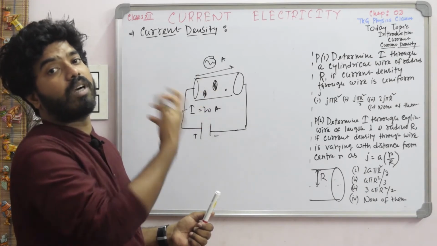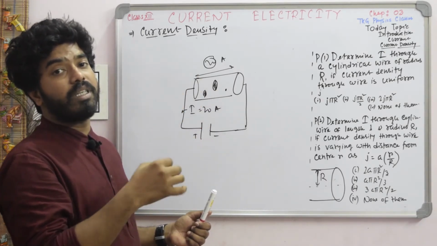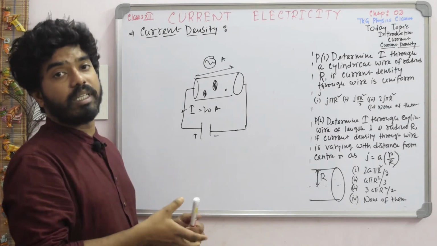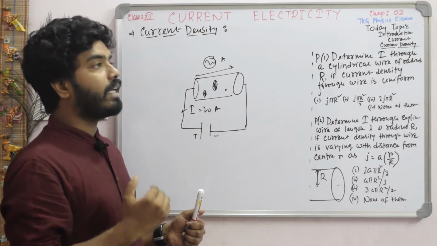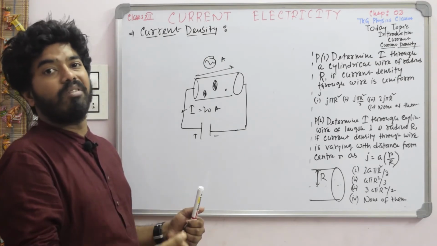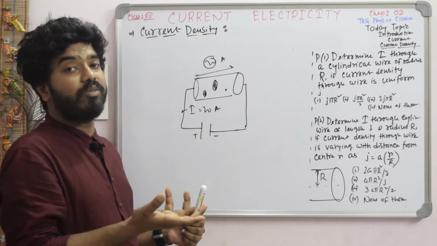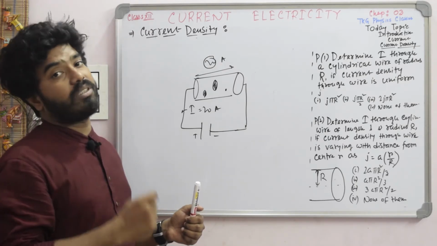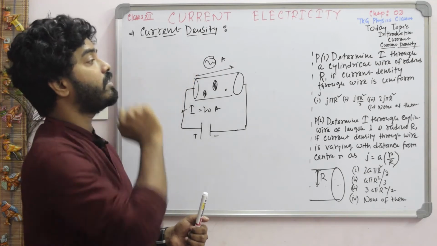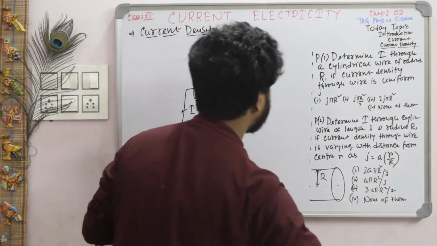The amount of current flowing depends upon the area of cross section. So, for measuring the current per unit area, how much current flows in how much area, this concept is known as current density.